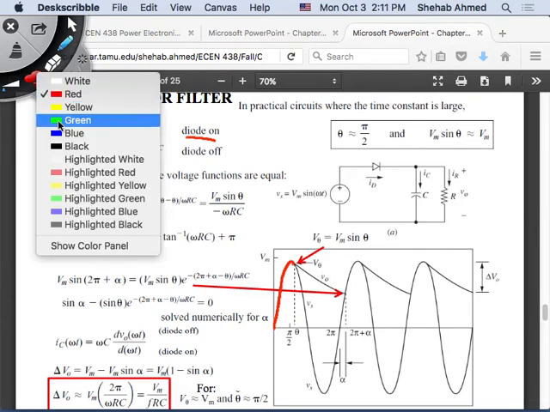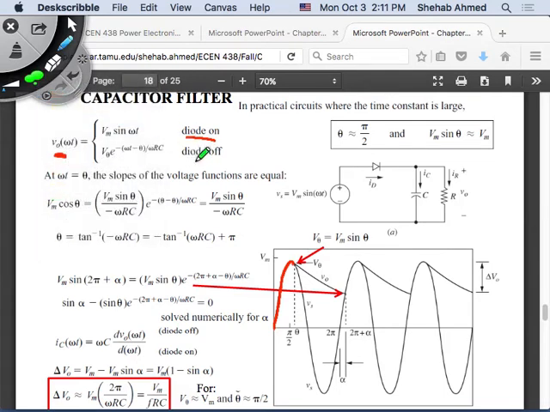At some point the diode turns off, and we discussed when that happens. As soon as the capacitor starts to discharge, it is not able to discharge through the source. It will discharge to the resistor. This will discharge a little bit of current from the capacitor to the resistor, but at some point the supply current falls.